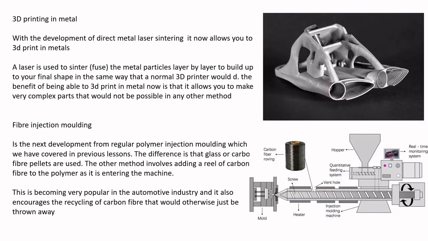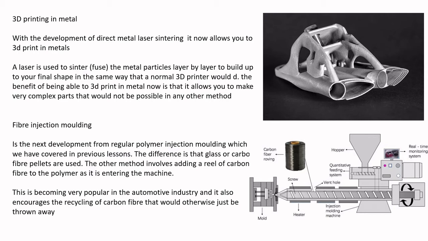Then you've got 3D printing, obviously not new, and we've talked about 3D printing in the CAD CAM theory as well. You can now start to do 3D printing in metal, starting to become a lot more popular. Very, very expensive. I have requested 3D metal printers, but they are very, very expensive. It works in much the same way as regular 3D printers do, in that it does layer by layer. But it uses a laser to sinter, and by sinter we mean fuse, the metal particles together.